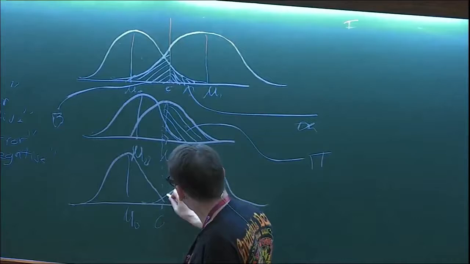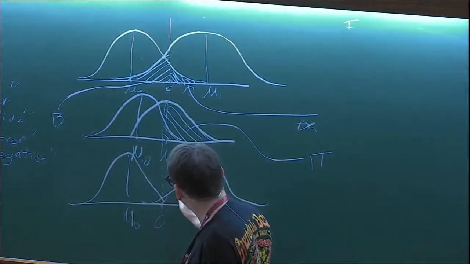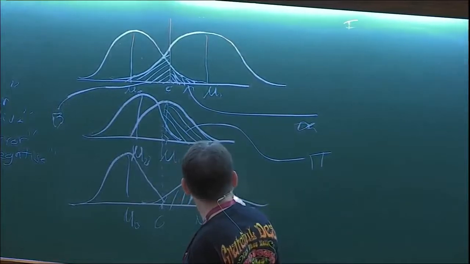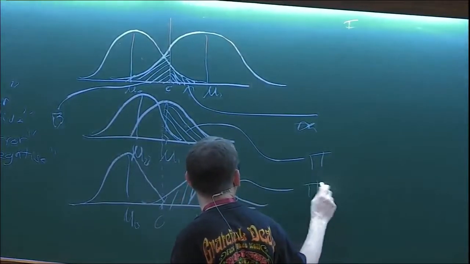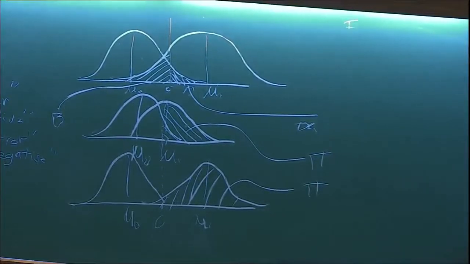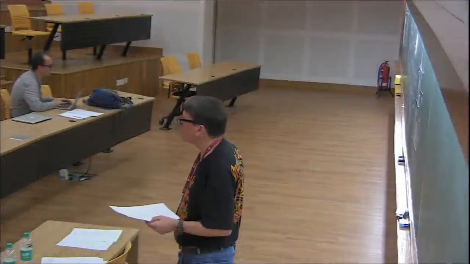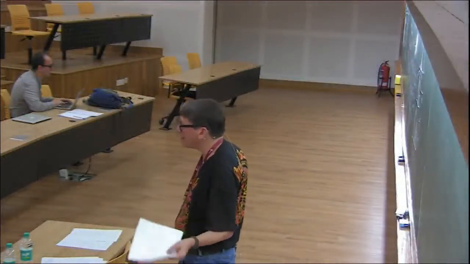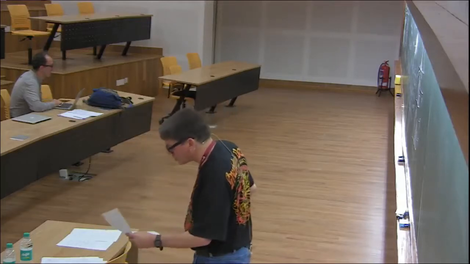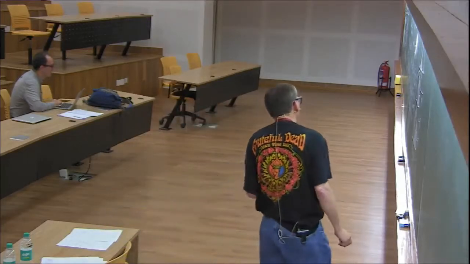If the means are further apart, the power is going to be bigger. Please forgive my bad drawing, but you can sort of see that it's kind of obvious that it's easier to tell apart two distributions, especially two normal distributions, if their means are further apart.